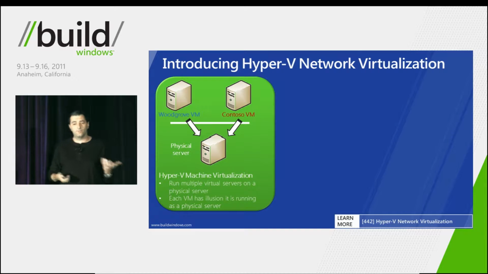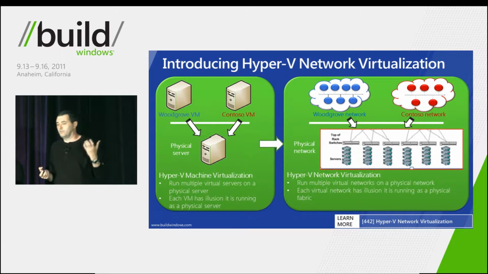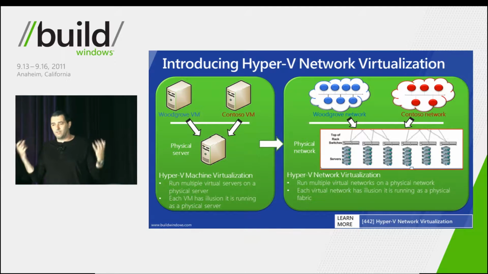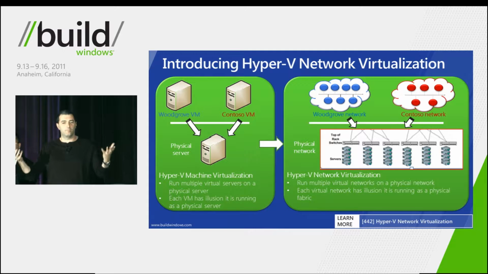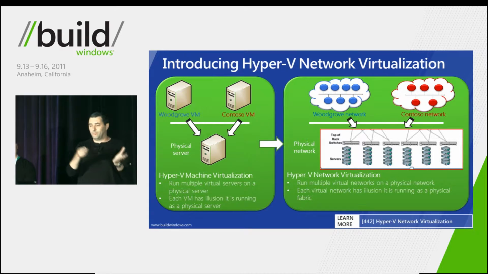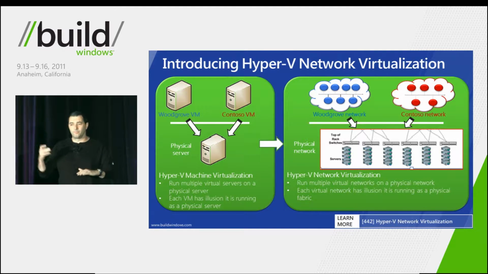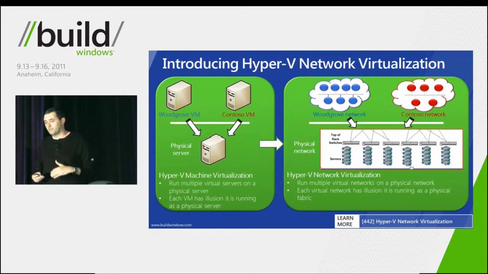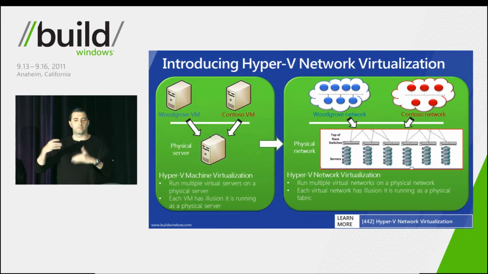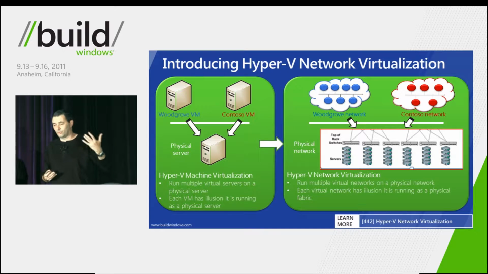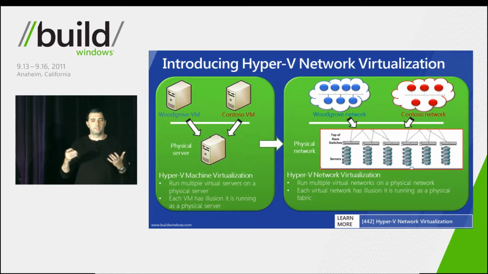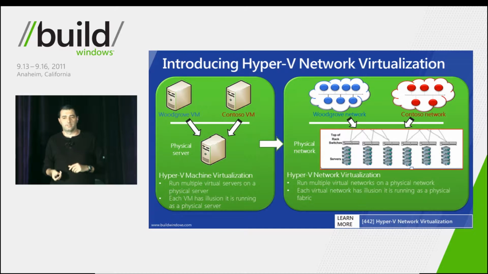So why not do the same for networks? Why not allow Woodgrove and Contoso to bring their network topologies as is with their set of VHD images or VM images, with their set of IP addresses, and just move them to run on top of a physical network topology and completely decouple those. And the way we do that is by allocating different IP addresses for what the customers see, Contoso or Woodgrove, they would see 10.0.0.1 or whatever their internal address space is, and what the hosters see.